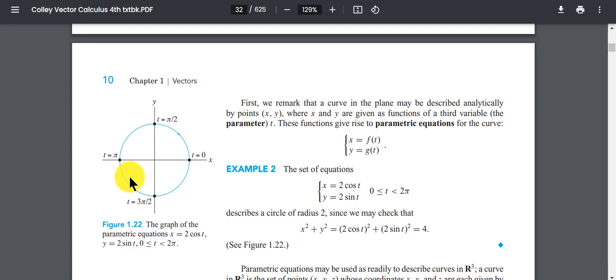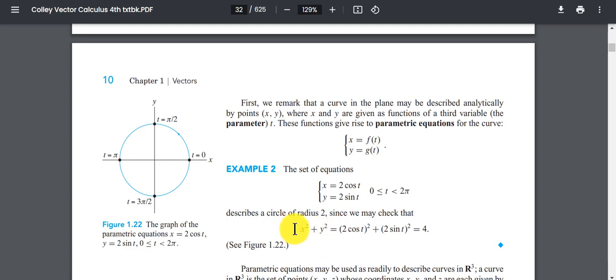Now, of course, most of us know what the equation of a circle is. For example, if this was a circle of radius 2, so this length was 2, then I think most of us know that the equation for this is x squared plus y squared equals 4, right?